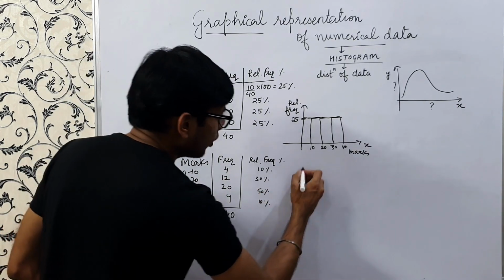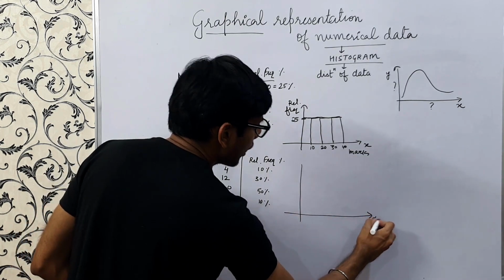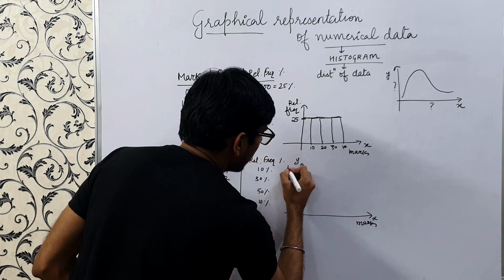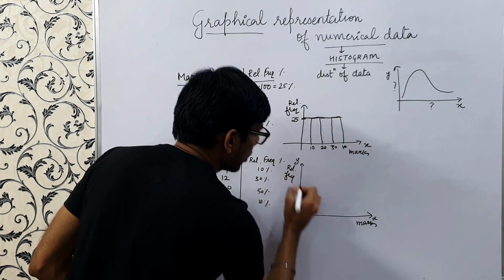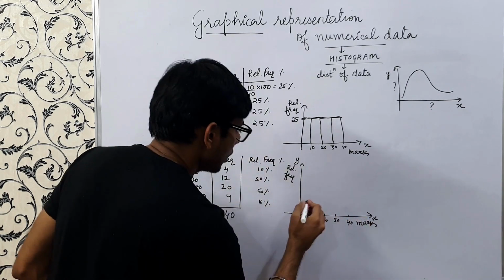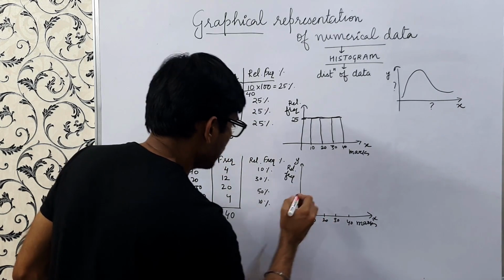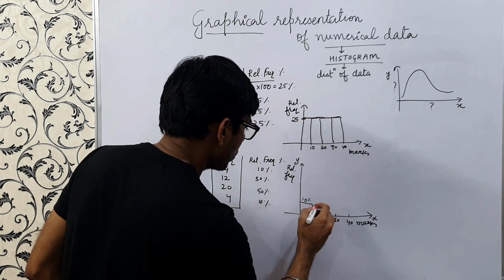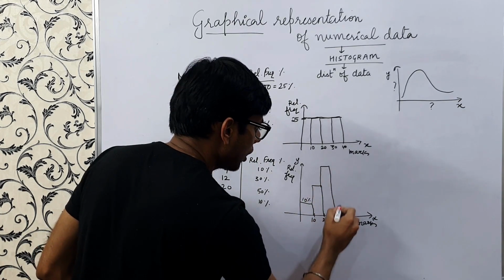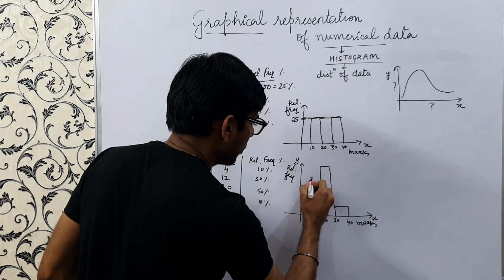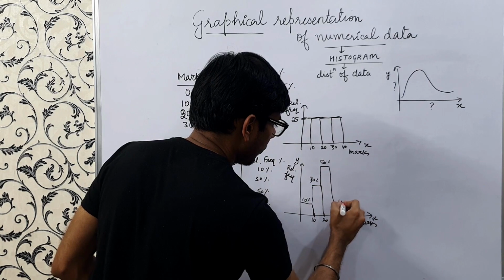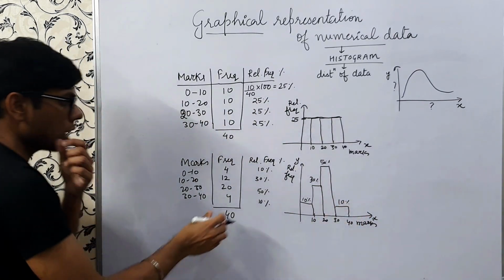Making this histogram, X and Y are labeled as marks and relative frequency. So 10, 20, 30, 40. This goes to 10%, this goes to 30%, this goes to 50%, and this goes again to 10%. This is the histogram for this distribution.